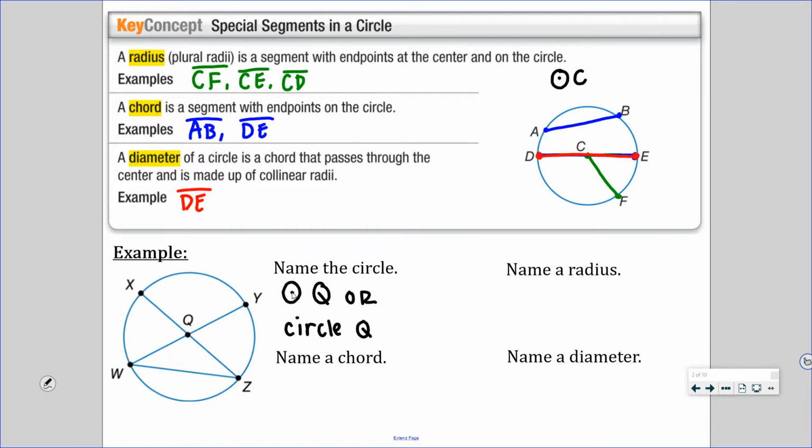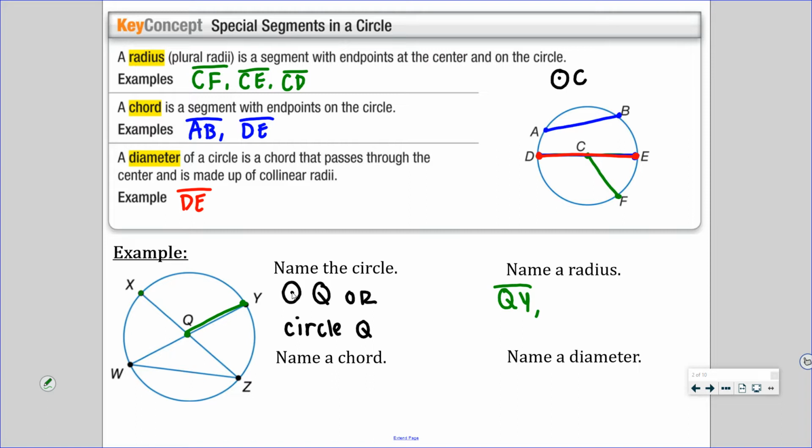Okay. Next, it asked me to name a radius. There are 4 possible answers for this. You can give me one. William. What did you say? QY. Good. Malin, give me one. Any other radius?